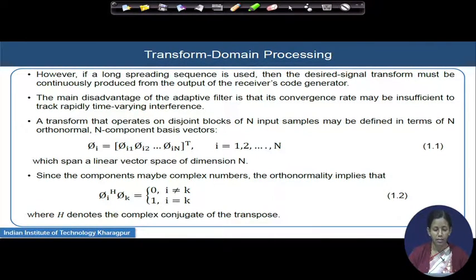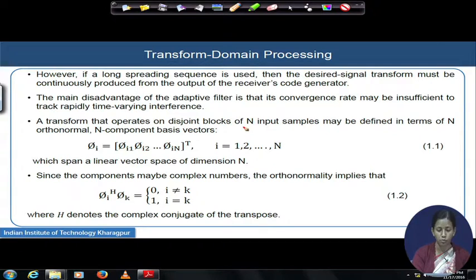Now, let us assume a transform that operates on a disjoint block of capital N input samples. We define that in terms of capital N orthonormal basis vectors.